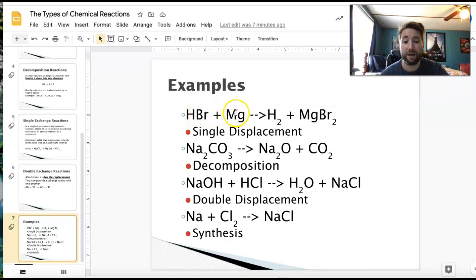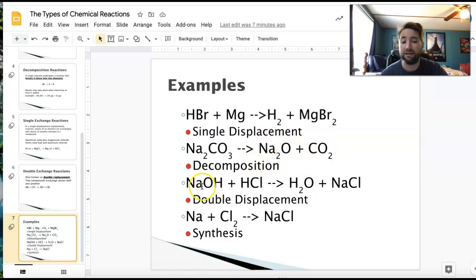This magnesium is going to kick out the H and bond with the Br, so that's going to be single displacement. If you look at the next one, we've got one compound on the left side, so we've got one reactant, and that's going to break down into two things. If you look back at the slides from earlier, if we have one reactant and it breaks down into two things, that's got to be decomposition.